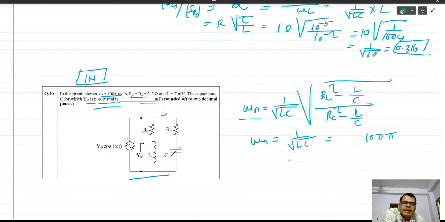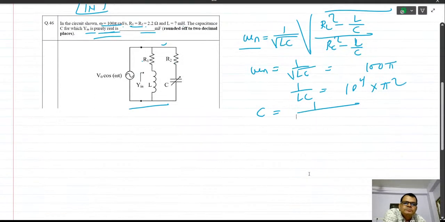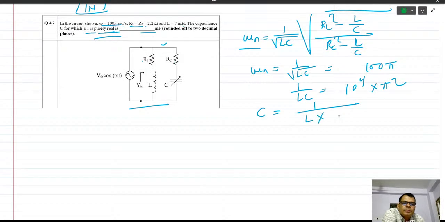Given that R1 and R2 are equal, omega n reduces to 1 upon root LC, and equate omega n to 100 pi. So 1 upon root LC is equal to 10 to the square into pi. Take the square of both sides, so C equal to 1 upon L into 10 to the power 4 into pi square. And what is the value of L?